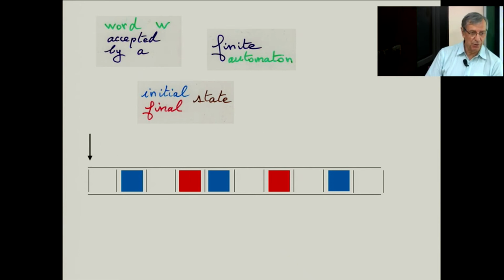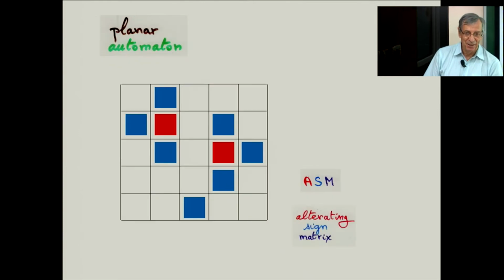So the philosophy of cellular ansatz is to recognize a 2-dimensional word, I mean, a diagram with some labels inside. Here is a very classical, very well-known example, the so-called alternating sign matrices. You have a square matrix, and some of the cells of the matrix are colored in blue and red, and the condition is that it's alternating in blue and red in each row, alternating in blue and red in each column, and it must start with a blue and finish with a blue.